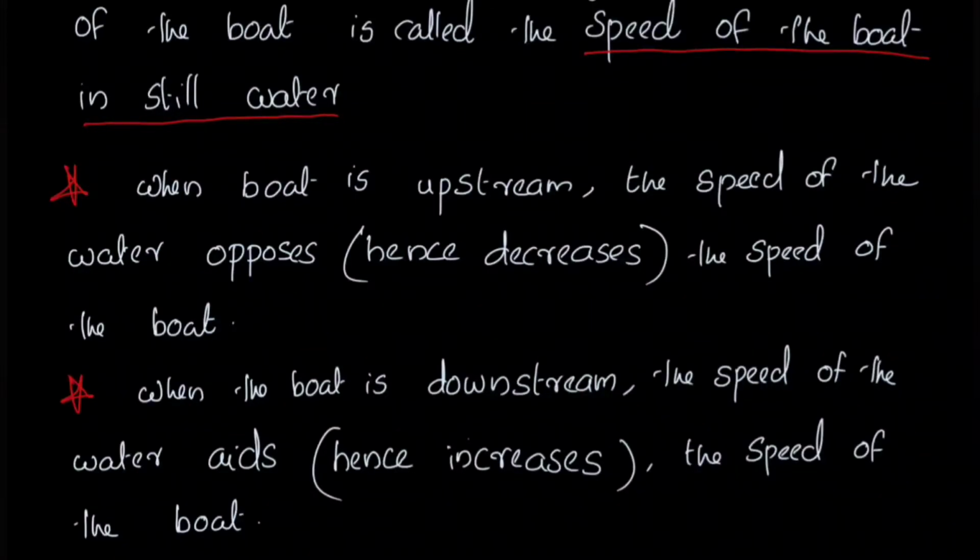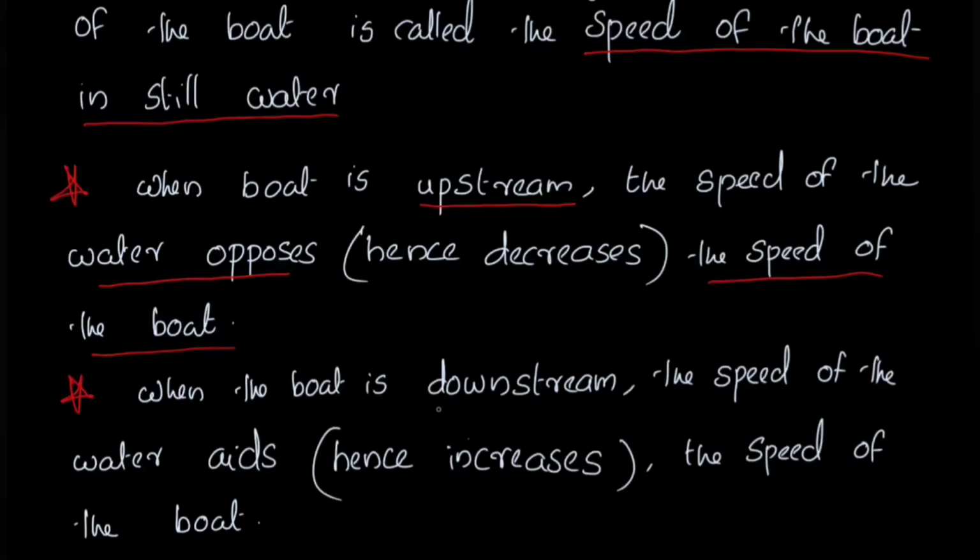If the water is not still, that is, it is flowing with a certain speed, then that speed of water opposes the boat's speed when the boat is upstream. If it is downstream, it is flowing in the same direction as the stream's motion, and here the stream aids the speed of the boat.